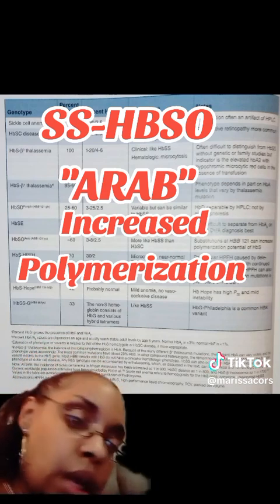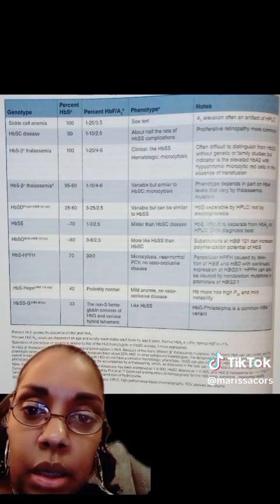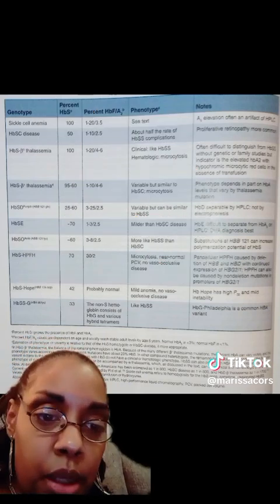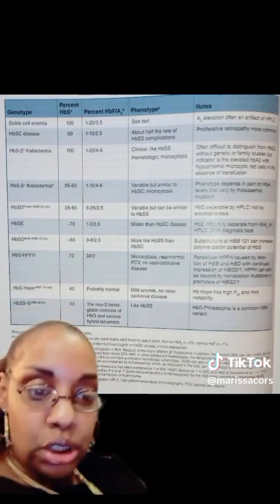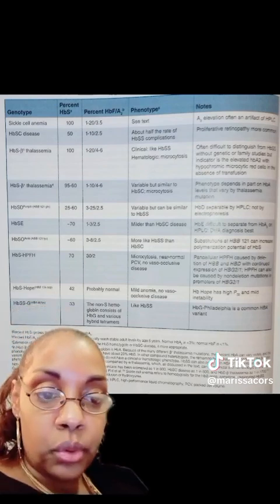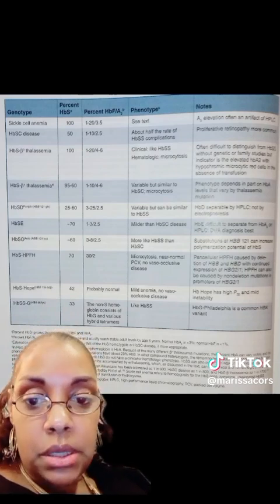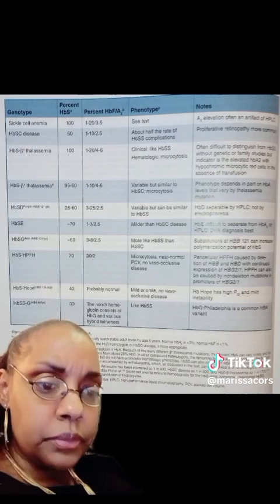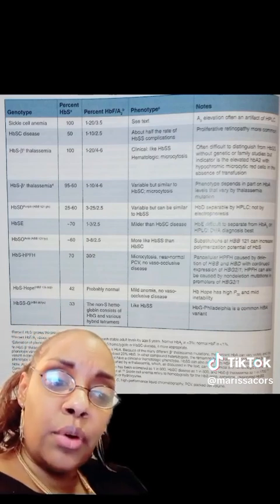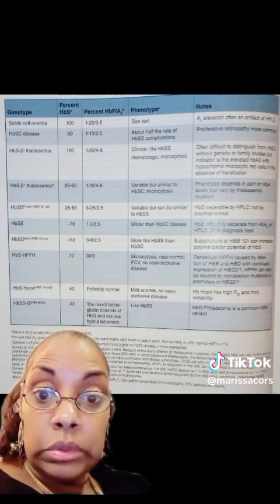Next, we are talking about hemoglobin S HPFH. Whoa, that's a whole mouthful. They have 70% of hemoglobin S. They do not have a vaso-occlusive disease.